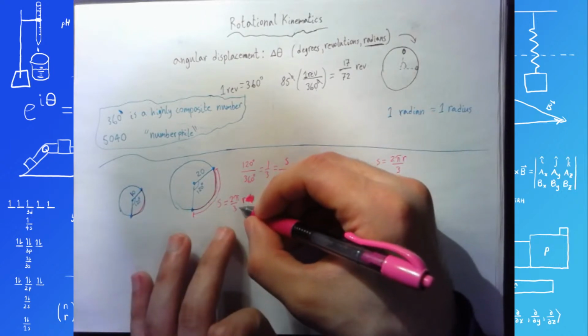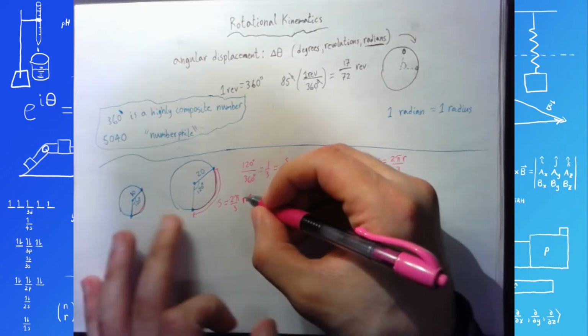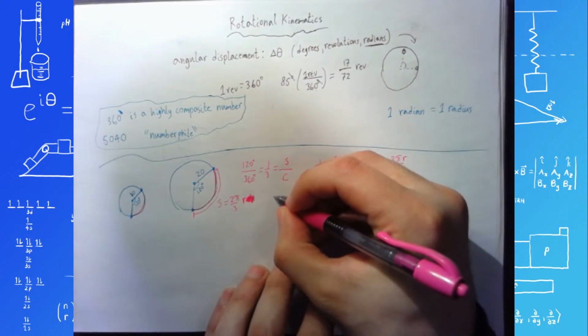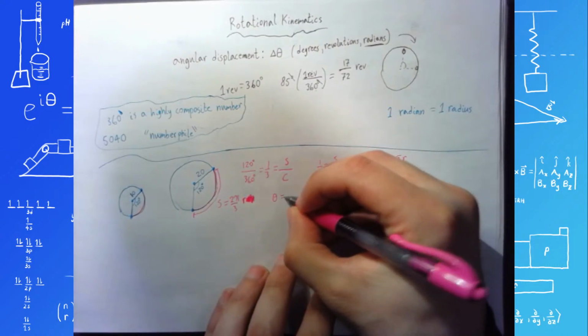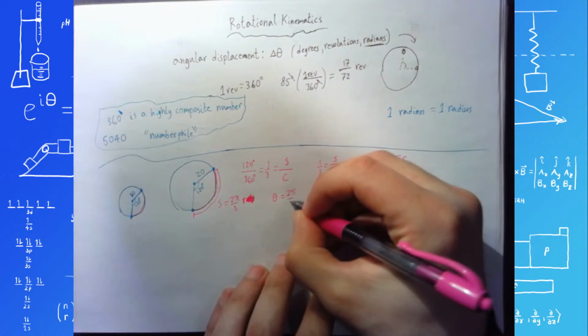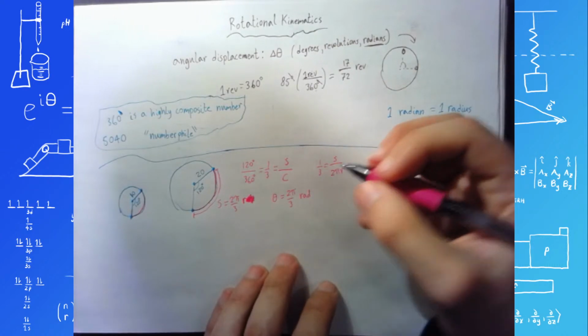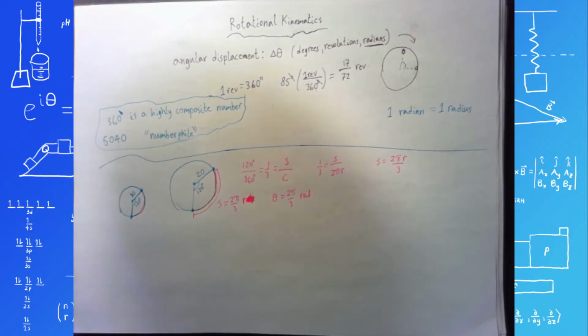S is 2 pi over 3 times the radius, and this angle theta we would define as 2 pi over 3 radians. We would say the angle of 120 degrees is 2 pi over 3 radians because it gives an arc length that is 2 pi over 3 times the radius.